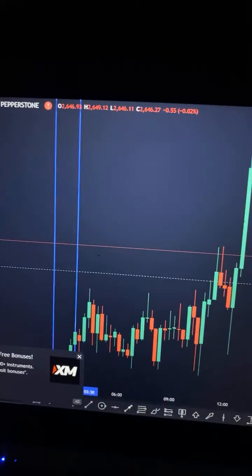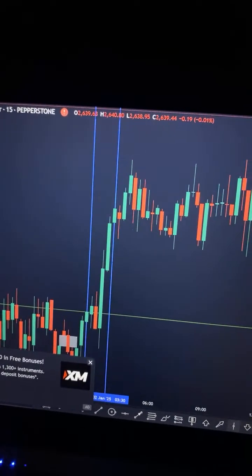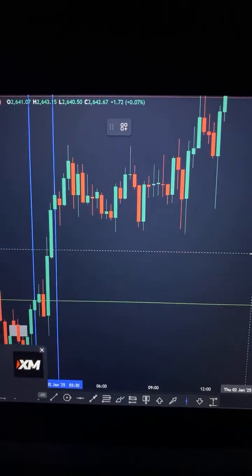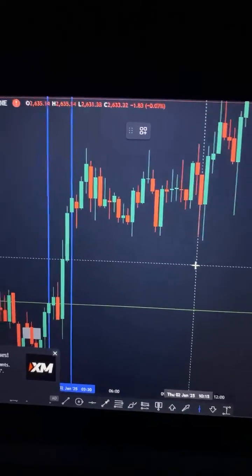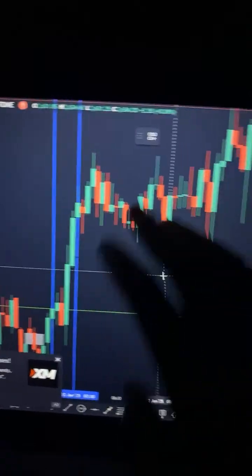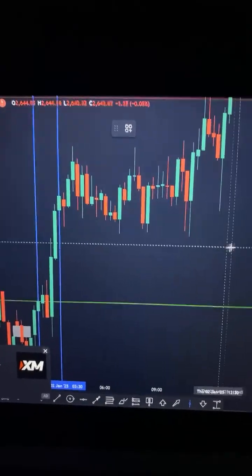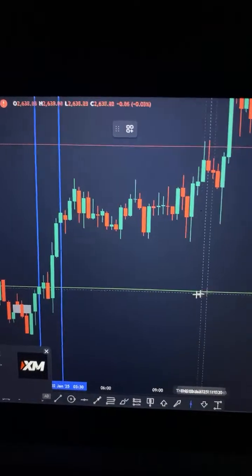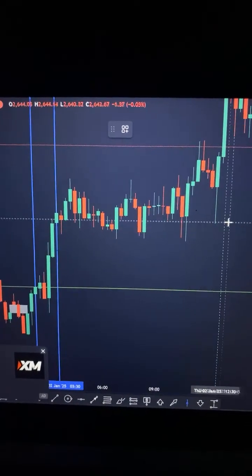If you take a look at this one, I'm just going to highlight until the end of Asian session. There wasn't a clear buy there, but it gave us almost the whole daily direction.